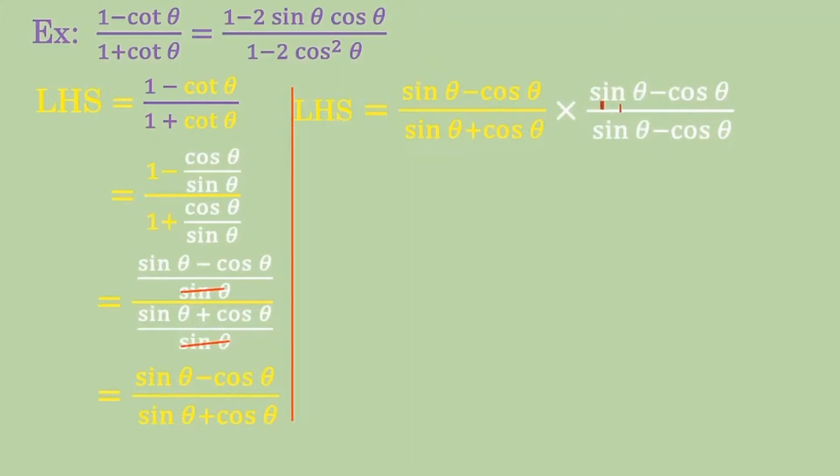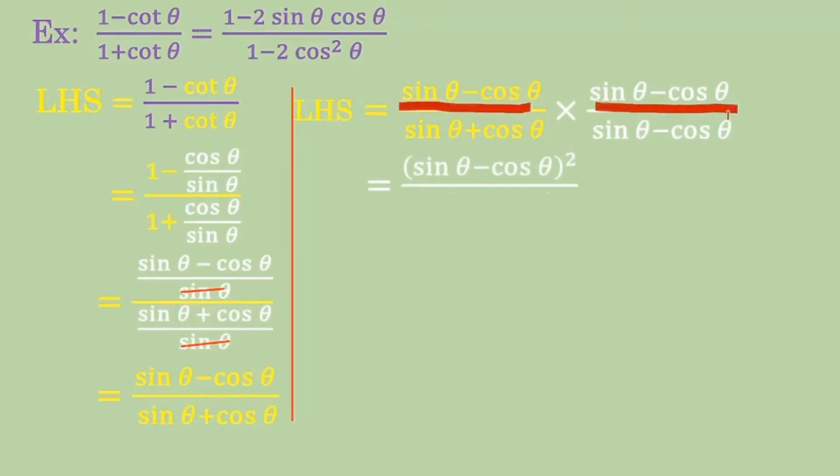So multiply the numerator and the denominator with sin theta minus cos theta. In the numerator, the product of sin theta minus cos theta into sin theta minus cos theta is equal to (sin theta minus cos theta) whole square.